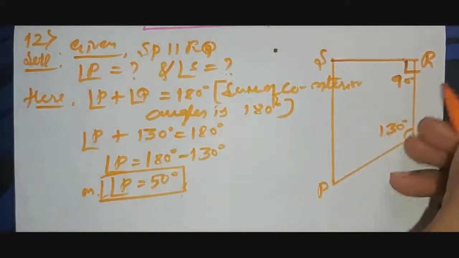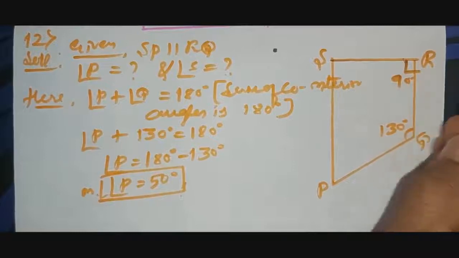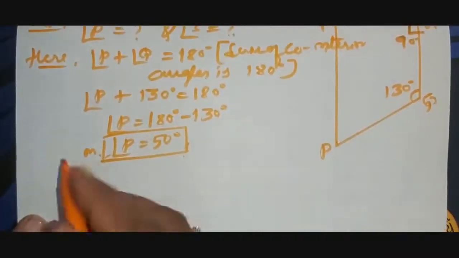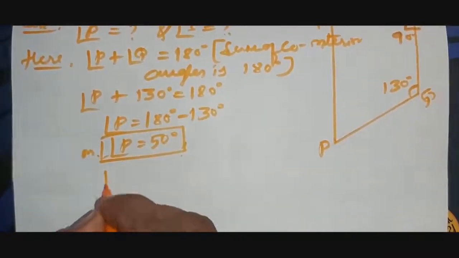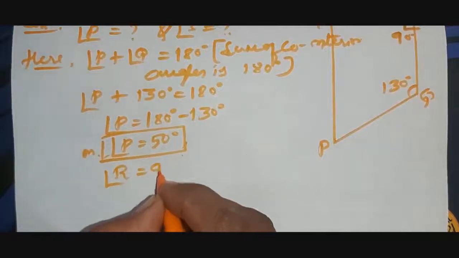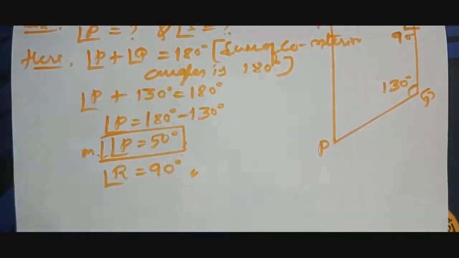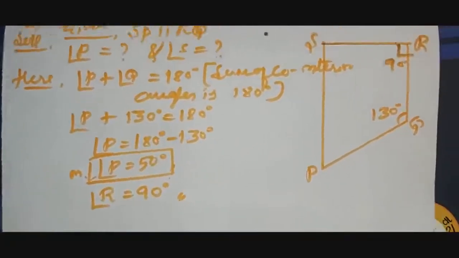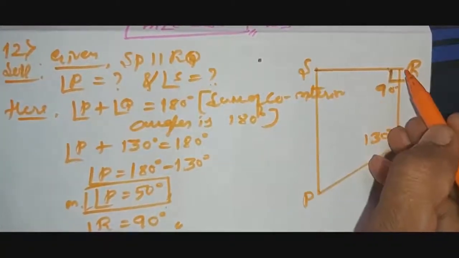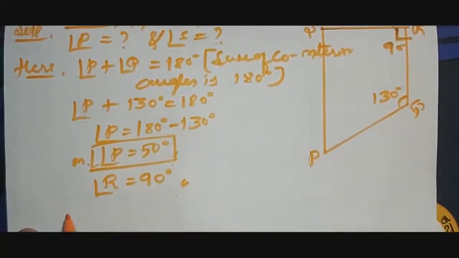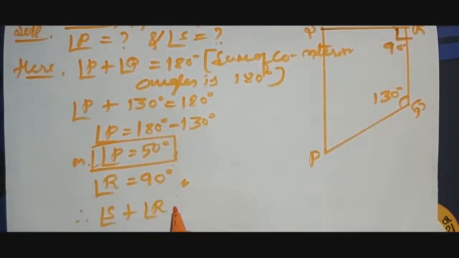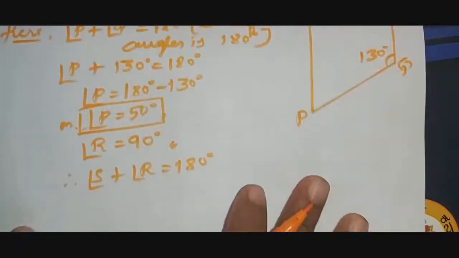Here angle R is equal to 90 degree because the given symbol it indicates right angle, right? Okay, angle R is equal to 90 degree. Okay, now see here S plus R. Therefore angle S plus angle R is equal to 180 degree.